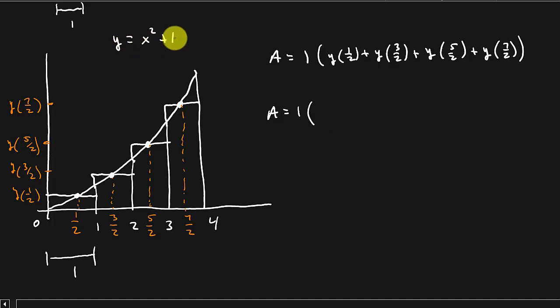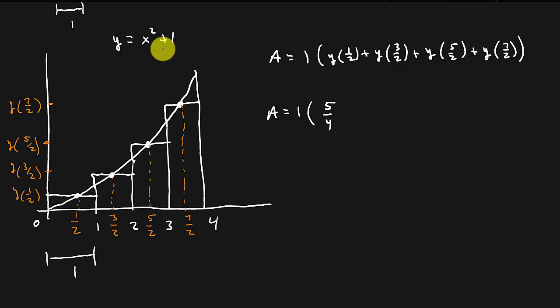All right, so that's going to be, let's see, 1/4 plus 1, and that is going to be 5/4 when we plug the 1/2 in, and that's going to be 9/4. So yes, I'm putting all this in my calculator. I can do it in my head, but I just want to make sure that I write the right numbers down.